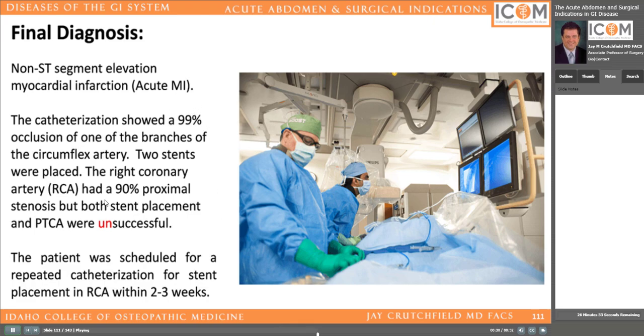She had 2 stents placed. The right coronary had about a 90% proximal stenosis, but stent placement and percutaneous transluminal coronary angioplasty were unsuccessful. The patient was then scheduled for a repeat catheterization for stent placement trial again in 2 to 3 weeks of that right coronary.